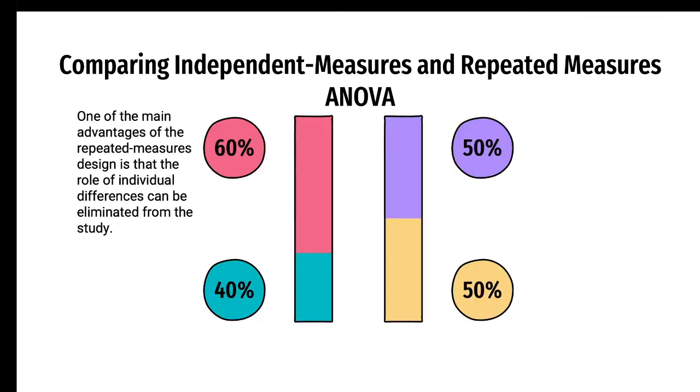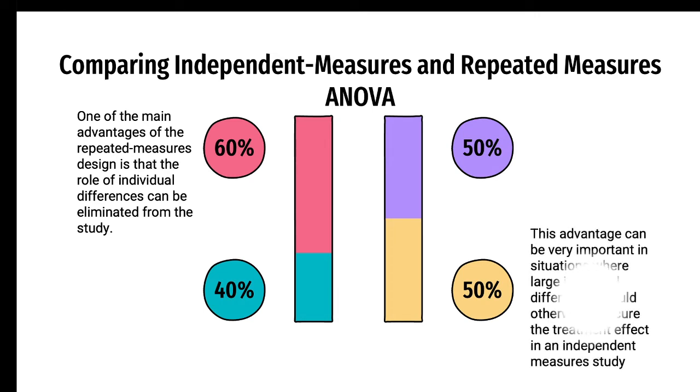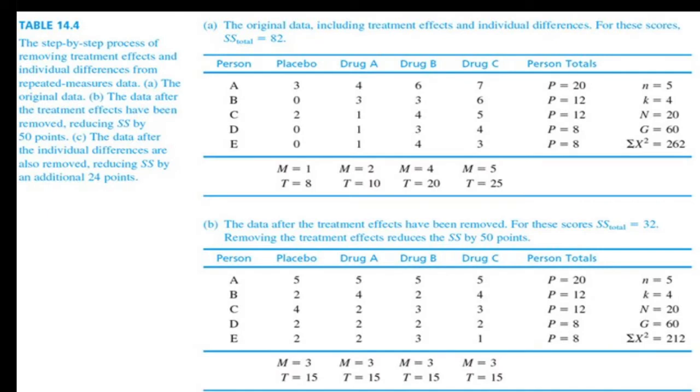One of the main advantages of the repeated measures design is that the role of individual differences can be eliminated from the study. This advantage can be very important in situations where large individual differences would otherwise obscure the treatment effect in independent measures studies. Let's see this table. This is the step-by-step process of removing treatment effects and individual differences from our repeated measures data.